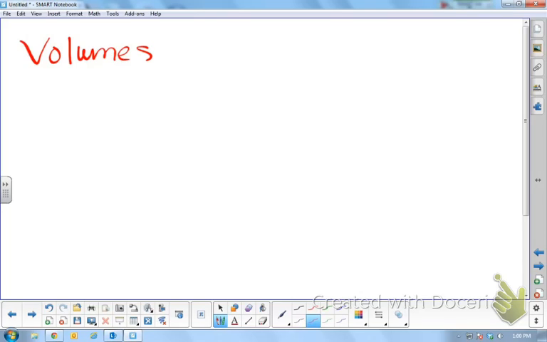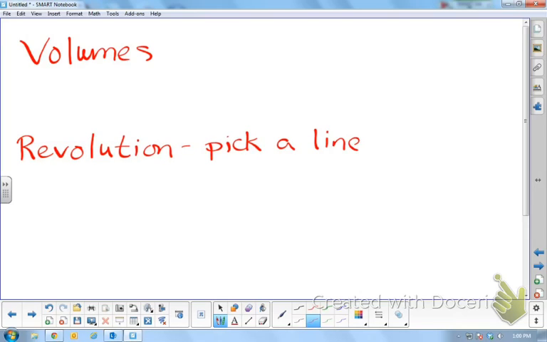So volume-wise, first we have volumes of revolution. When we have revolution, they're going to pick a line to revolve an area around.